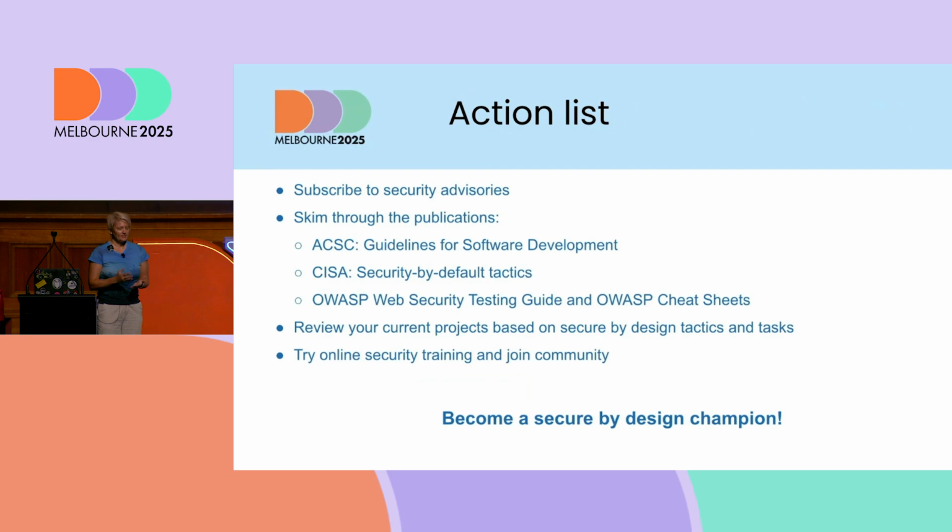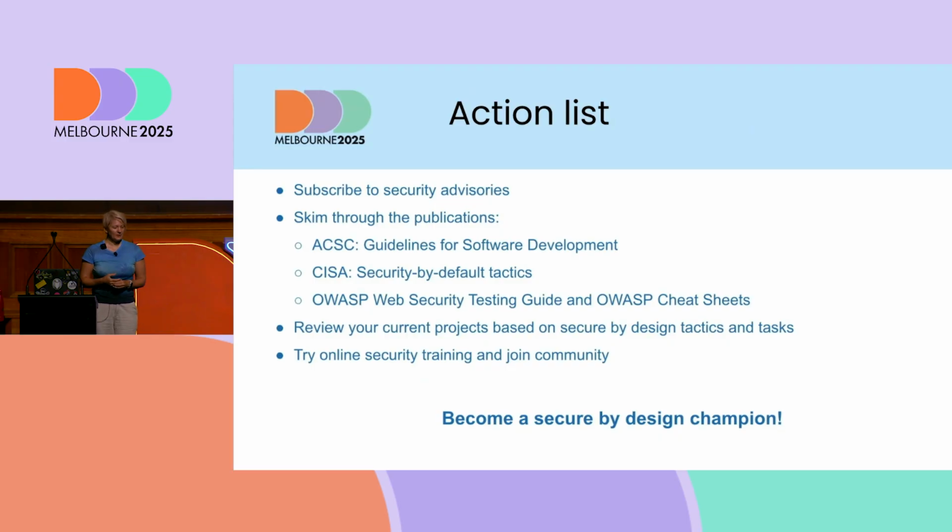And once a vulnerability has been discovered and fixed, that's when you need to apply the patch or the new version. So make sure you subscribe to your security advisory. There is one from the Australian government, there is one for .NET Core, there is one for Node.js and things like that. So find one that is specific to your technology.